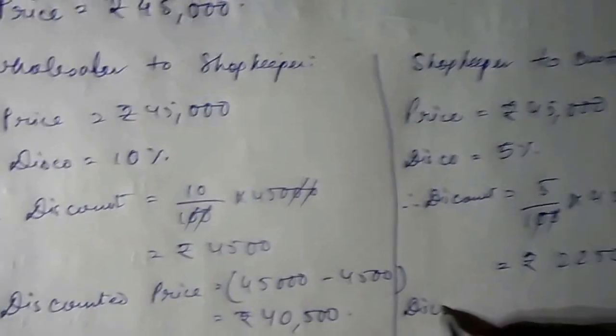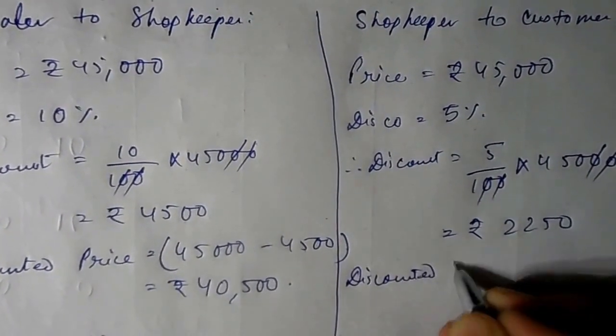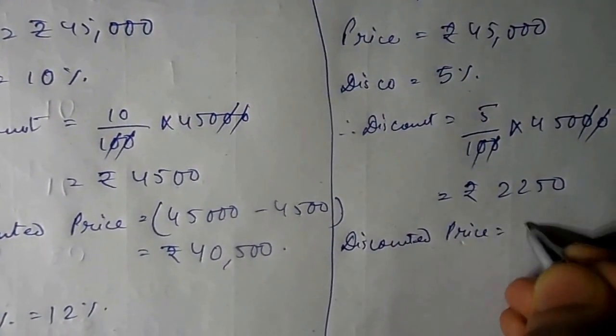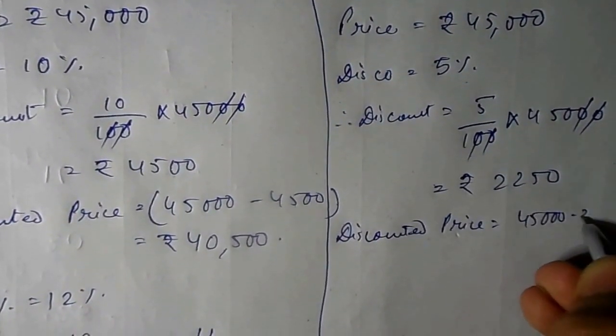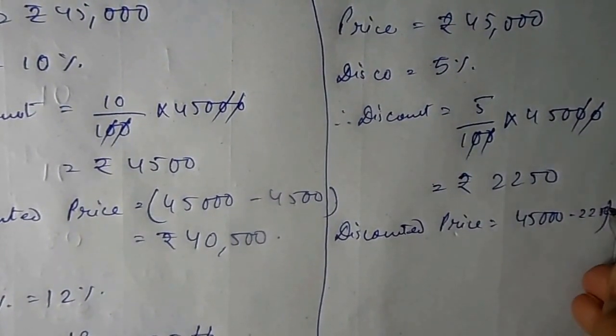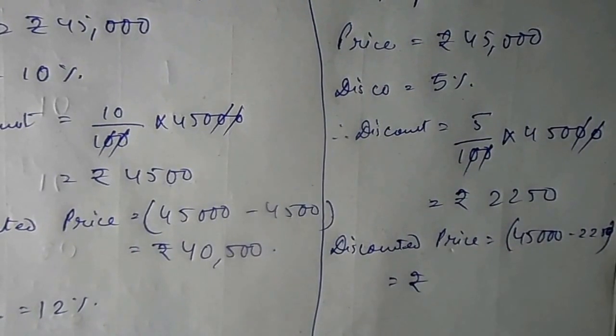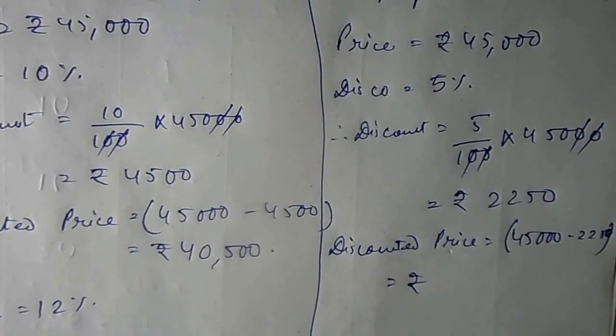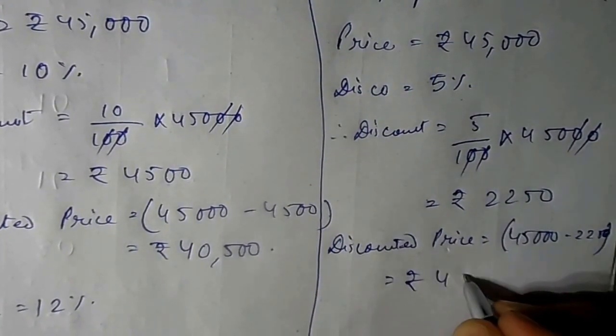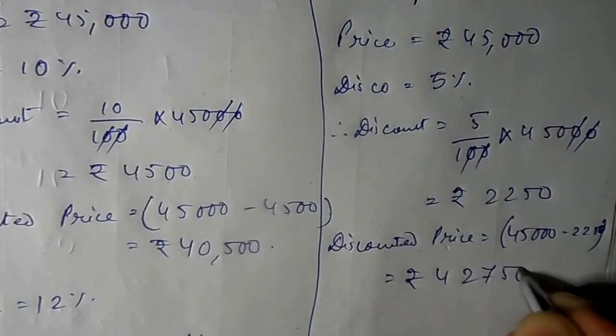Discounted price equals 45,000 minus 2250. Sorry, I don't have space over here. Which will be equal to rupees 42,750.